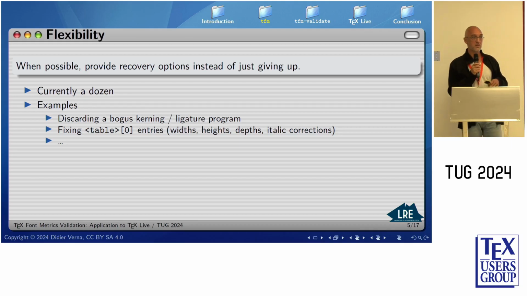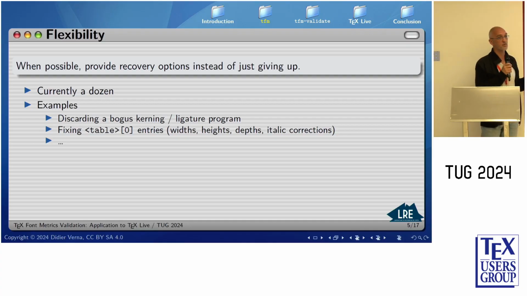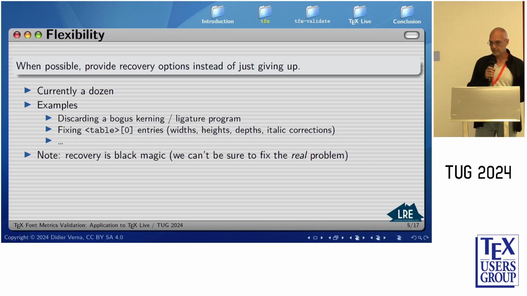So if you fall on a TFM file for which the first entry of these tables is not 0, probably the file is corrupted, but still in the TFM library, there is an option to correct the entry and set it to 0. Is this really going to work? You don't know until you experiment, but the recovery option is there anyway.